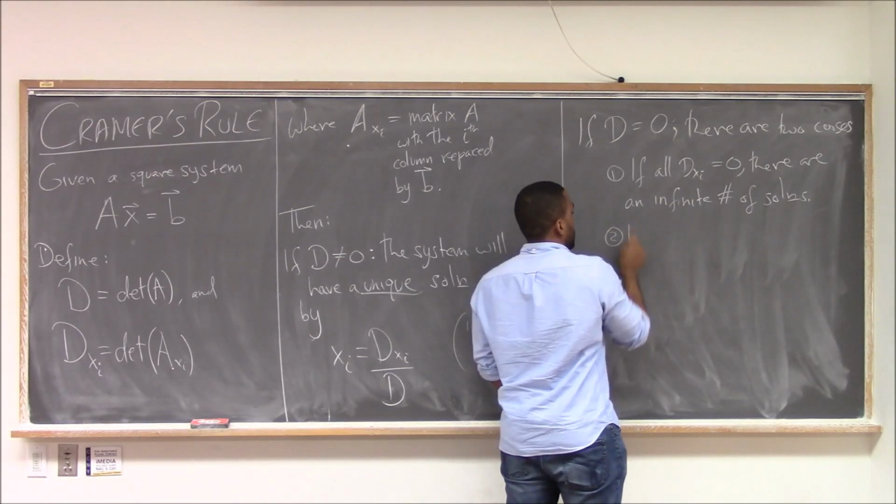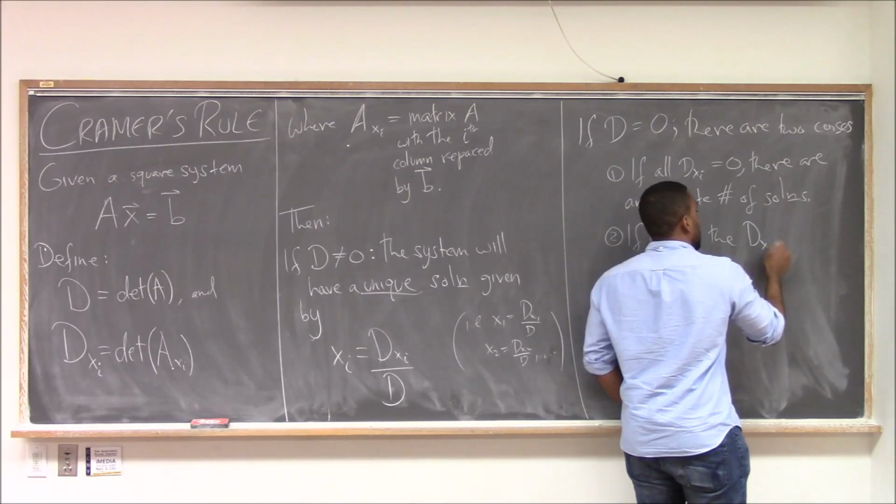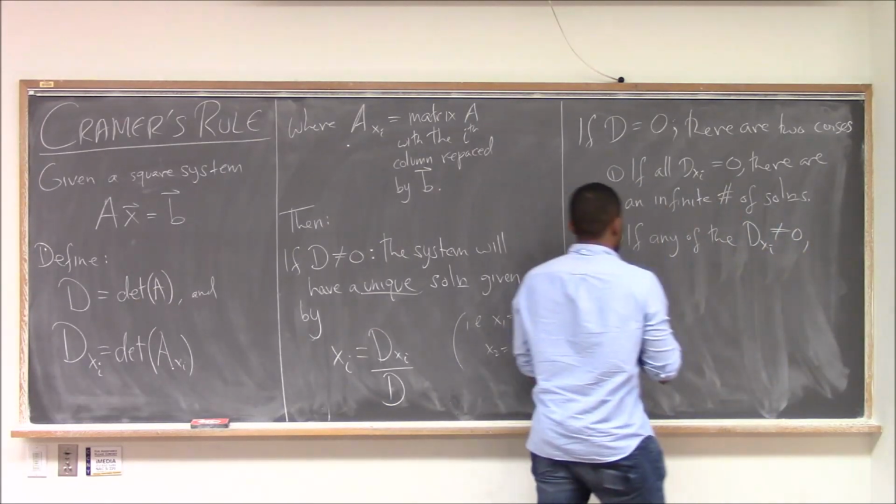And two, if any of the D sub xi are not 0, the system is inconsistent.